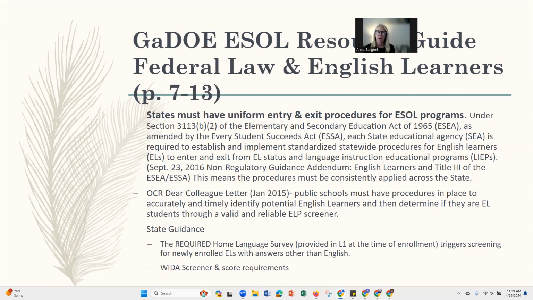Once you get into a teaching position in a school system with lots of ESOL or EL kiddos, there's something called an OCR Dear Colleague letter. This is what the feds have put together to tell us what we in our school systems need to do, and our legal obligations. Additionally, we have state guidance, and we're going to take a quick look at that during this module as well.